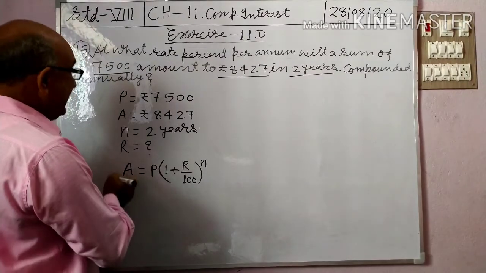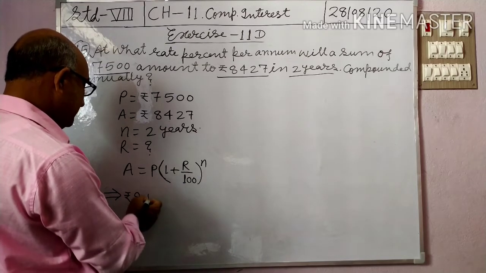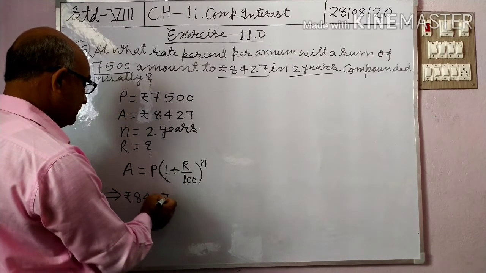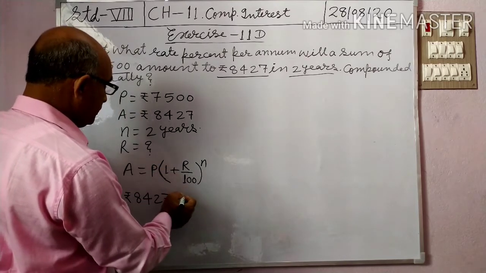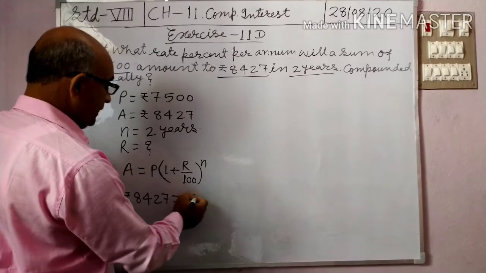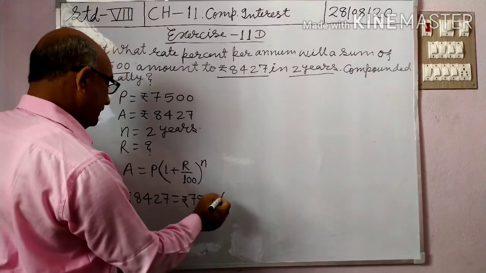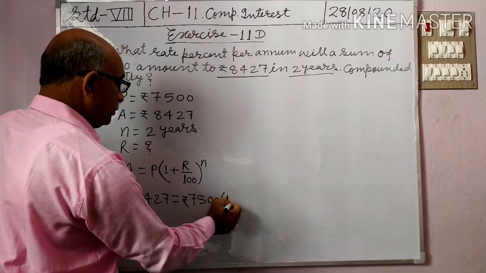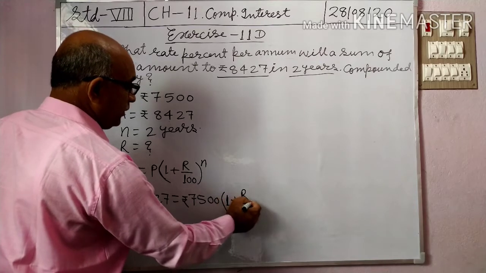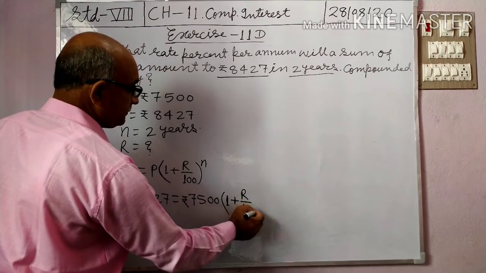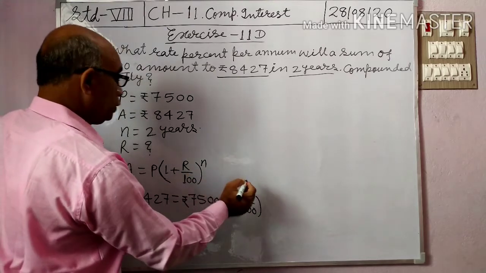That implies A equal to rupees 8,427 equal to P, rupees 7,500 into (1 plus R by 100) to the power n, n is 2.